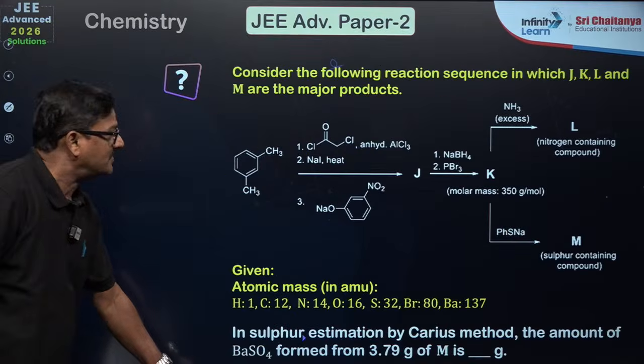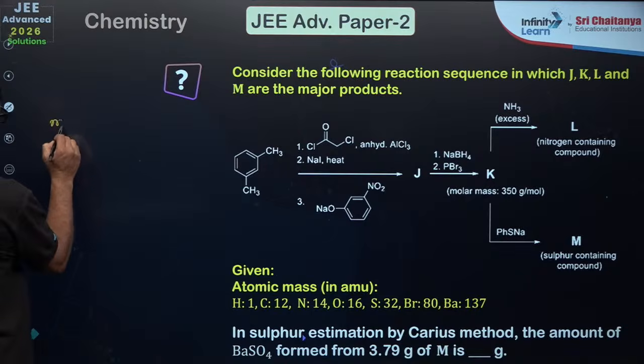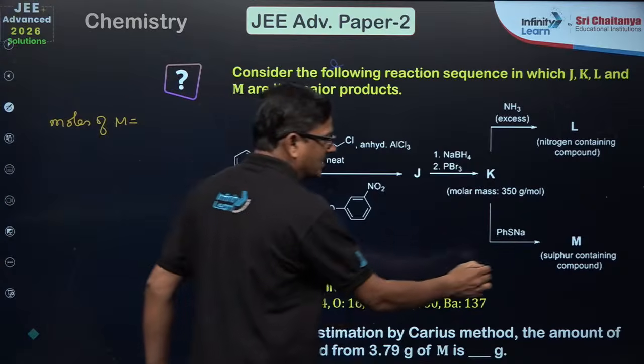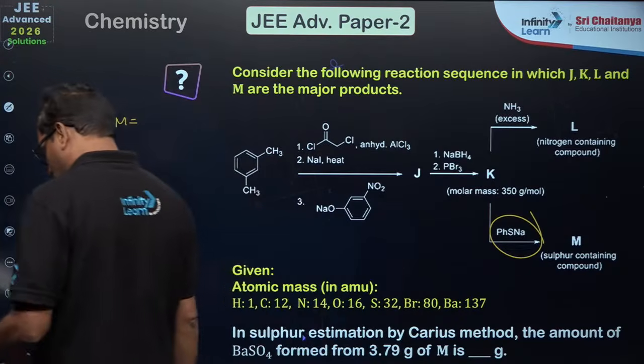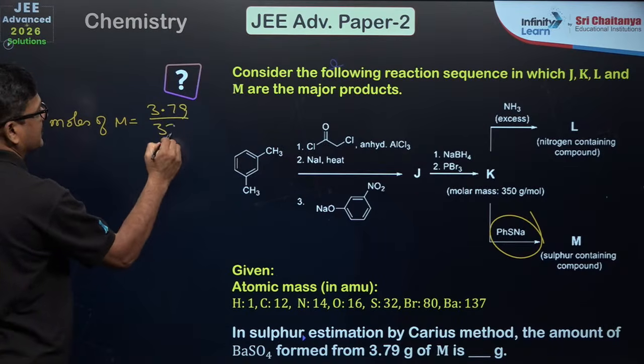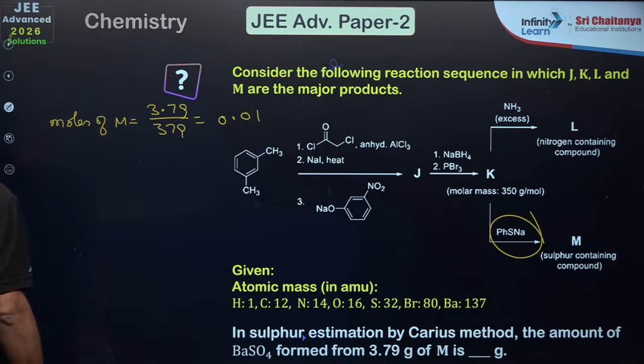The next half of the question is about sulfur estimation by Carius method, where the amount of barium sulfate is formed. So moles of M, which is a sulfur containing compound, is going to be 3.79 upon 379, the molecular mass, which is 0.01.